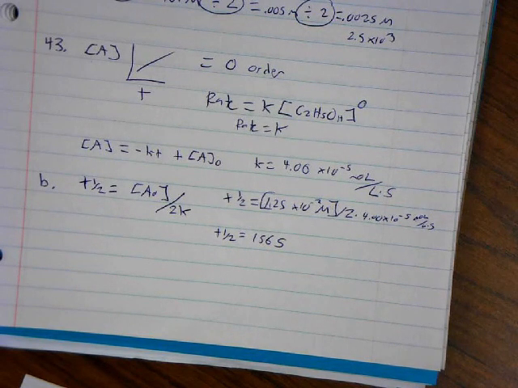How did you get A naught? They gave it to me. When do you want us to include units? Sometimes you include them in the middle of the equation and sometimes you leave them out. On these, I'm not going to be grading units in the middle, just make sure you have units on the answers.